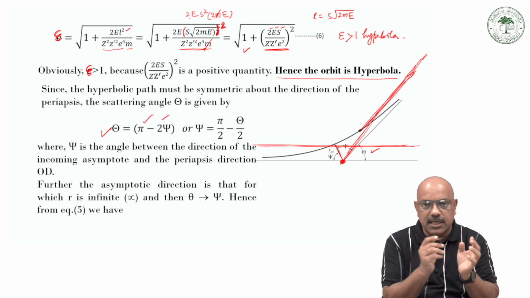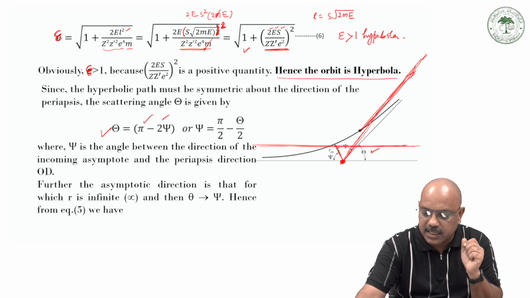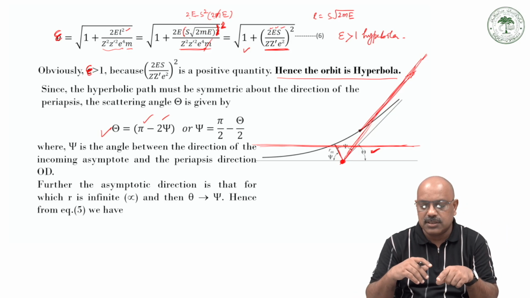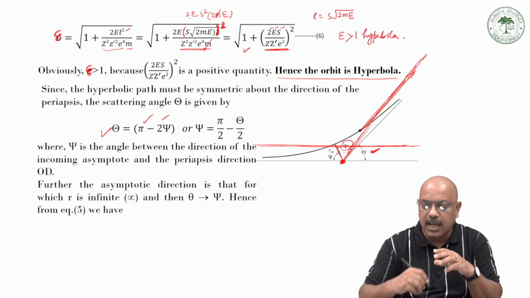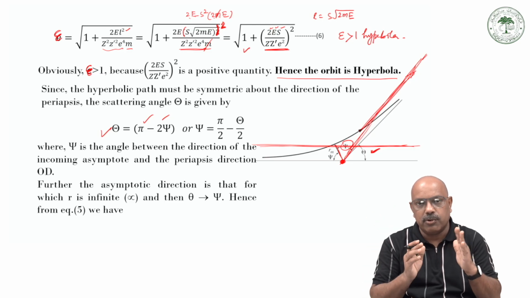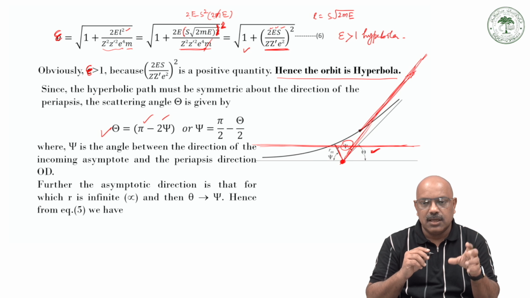That theta in cos theta is different from the scattering angle. You have to be careful about this, because that theta is related to this psi angle, the angle which the particle's asymptote makes with the closest approach. Try to understand this. Otherwise this would be pi.